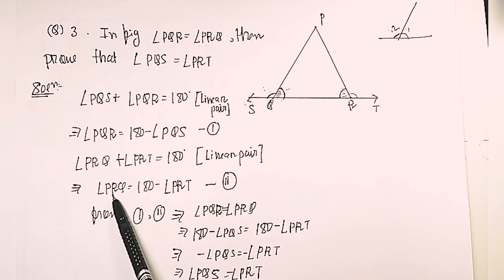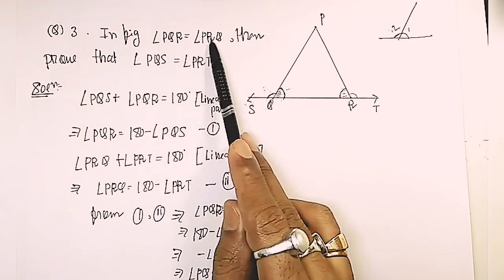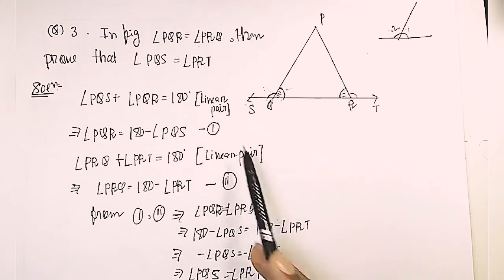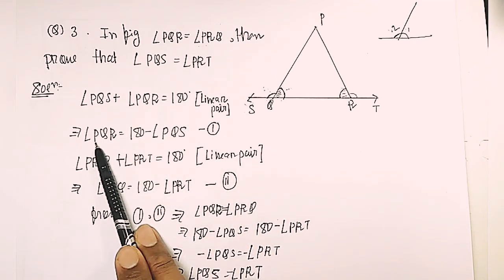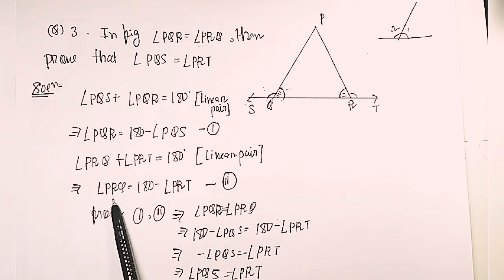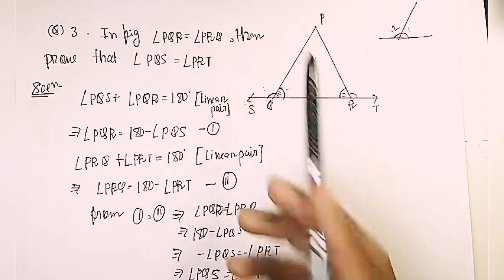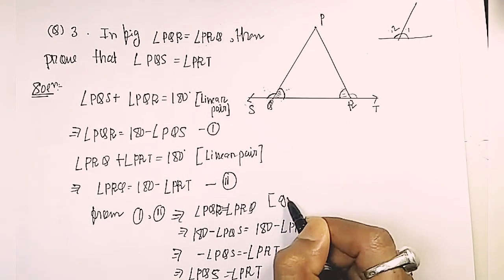So PRQ we should keep on the left hand side because it is given PQR equal to PRQ. That means the given part we should keep on the left hand side. So in equation 1 PQR on the left, in equation 2 PRQ on the left. So from 1 and 2, PQR equals PRQ, it is given.